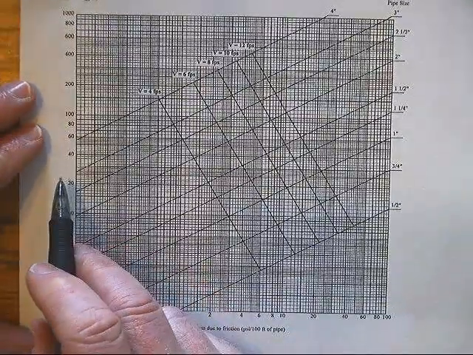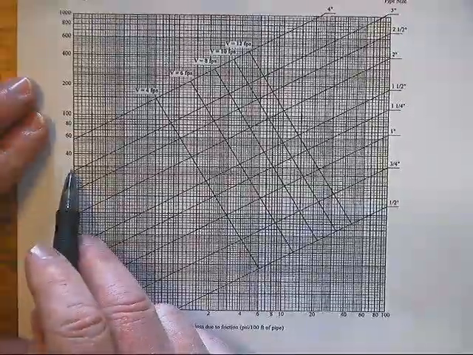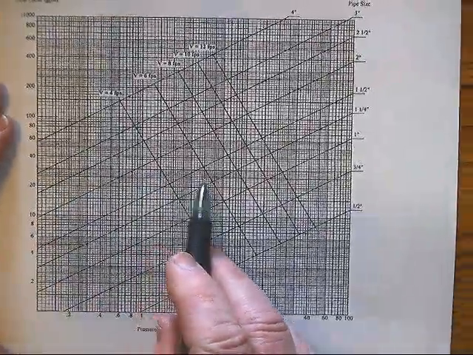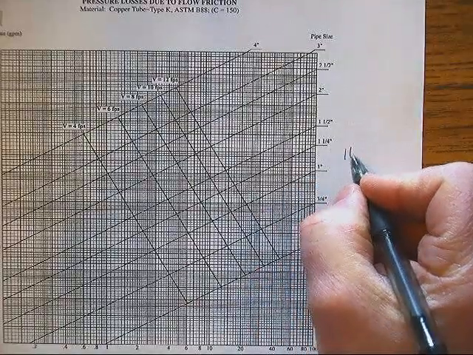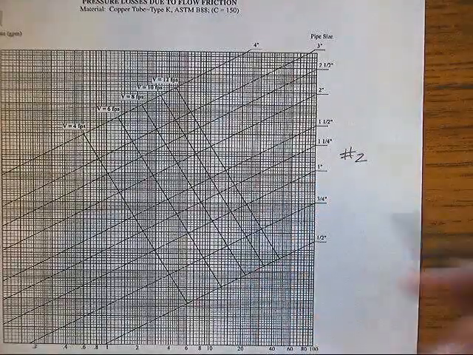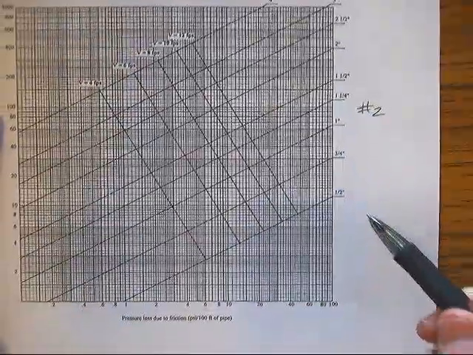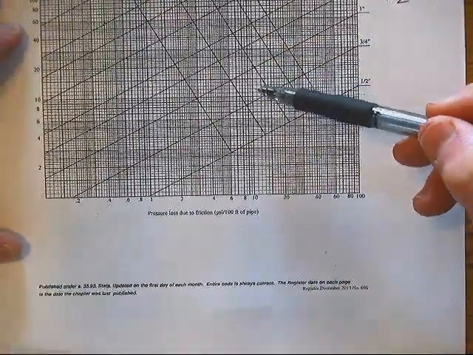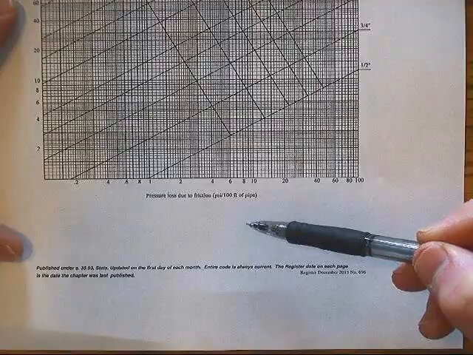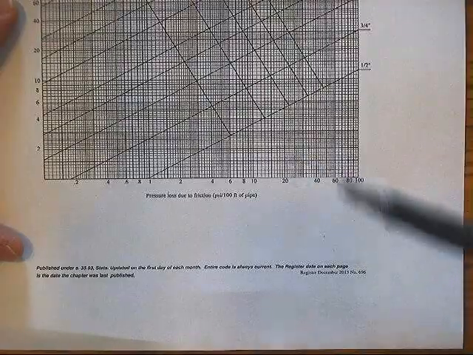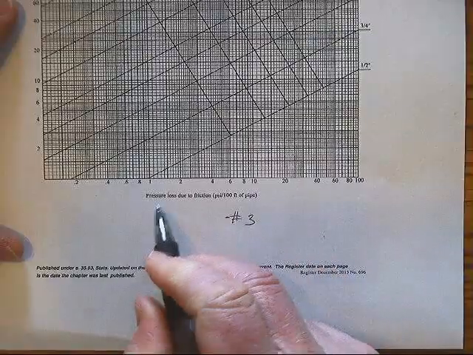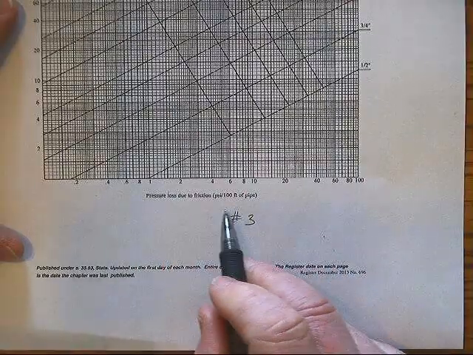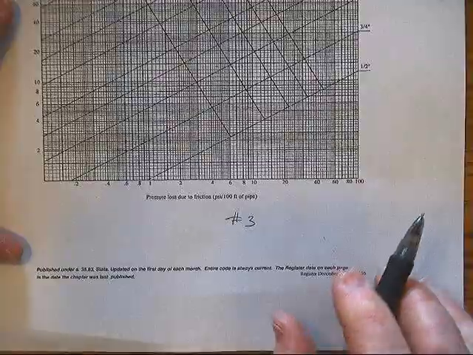We will find where that is, and then we will follow to the right, and we will intersect with the size of the service that we intend to run, which is step number 2. And then as we intersect, we'll read that down to the bottom of the graph, where we will find step number 3 here. We will find the pressure loss due to friction in 100 feet of pipe.